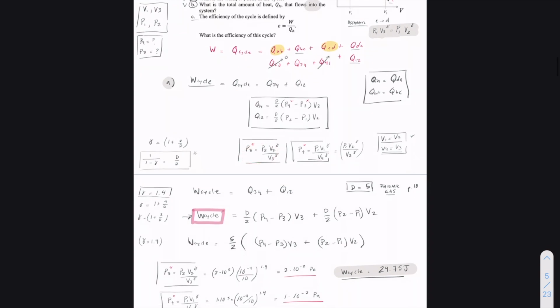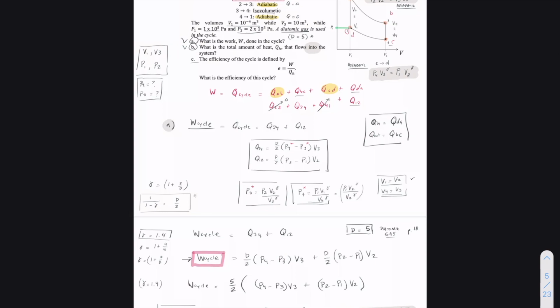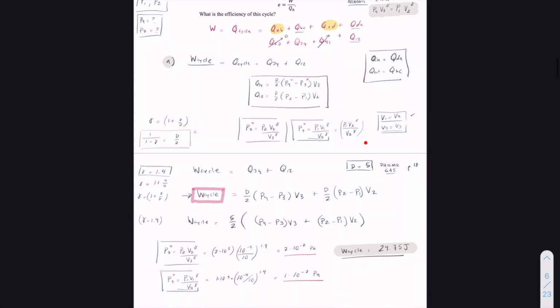So we used these equations to relate them, because we knew that we could find V1, V2, V3, and V4, but we didn't know P4 and P3, and we needed that. So we were able to figure that out, noting that gamma was equal to this.